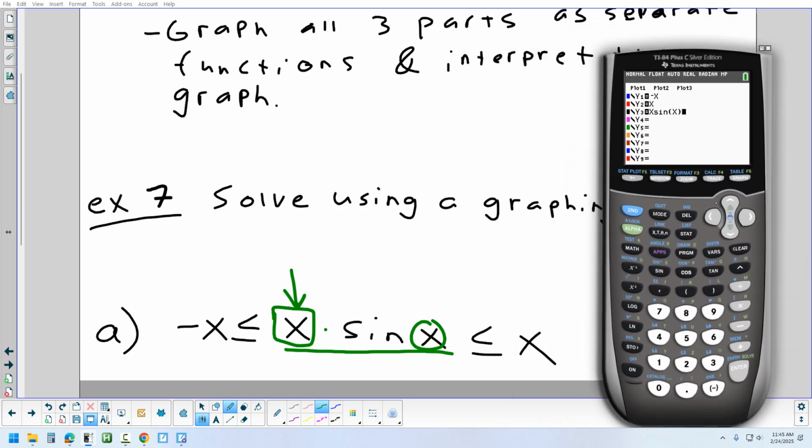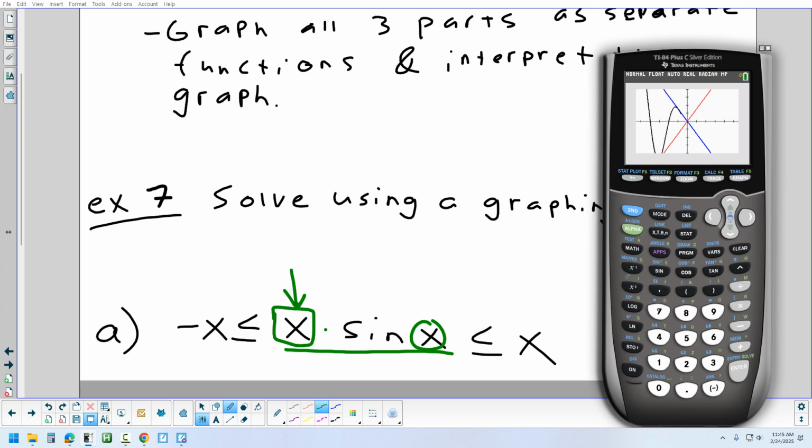I'm looking for where the wave that's going to have a variable stretch to it is going to be between the negative x line and the positive x line. The negative x line is blue, and the positive is red. So I'm looking for where this is above blue and under red. So keep that in mind. I want it to be above the blue and below the red. There's the blue. There's the red.